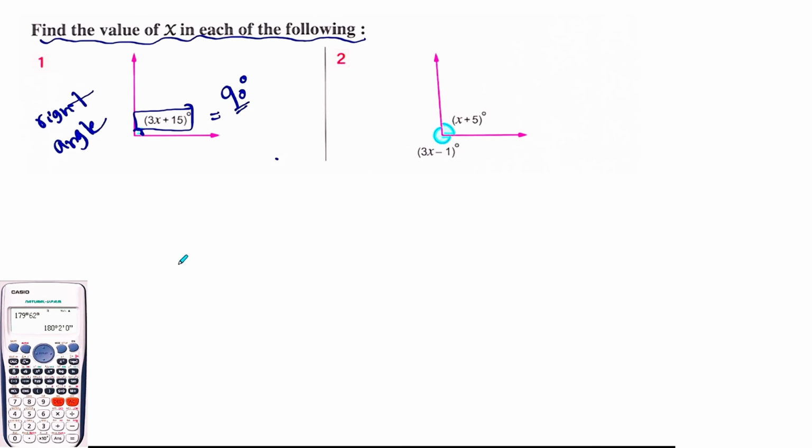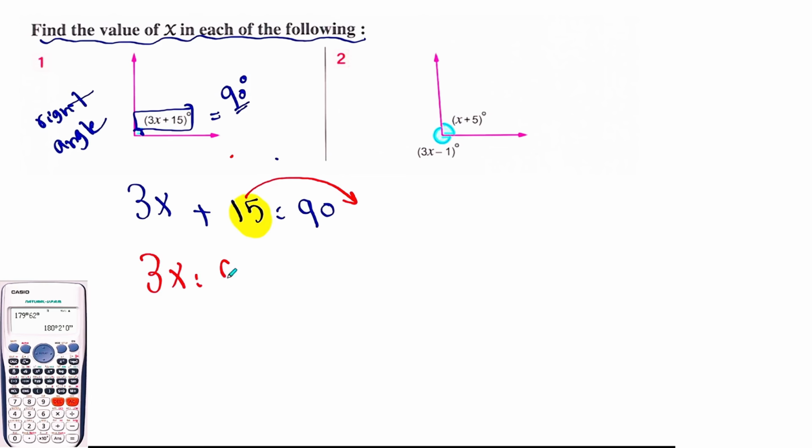We have 3x and 5x and 90, but I forgot. We want to analyze the equation, and the first thing we do is take control over it. We look at the constant. The constant is the number that's written without any letter, and we put it there. If you have 3x, you would simply put 19 minus 15 and calculate the difference, which is a straightforward subtraction.